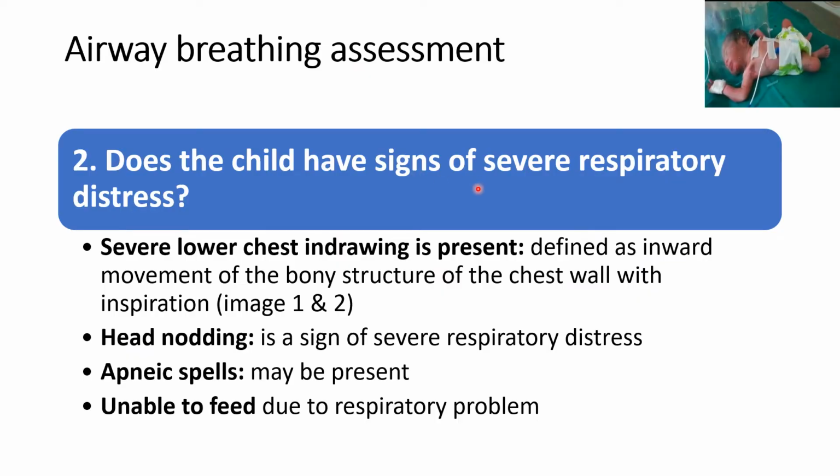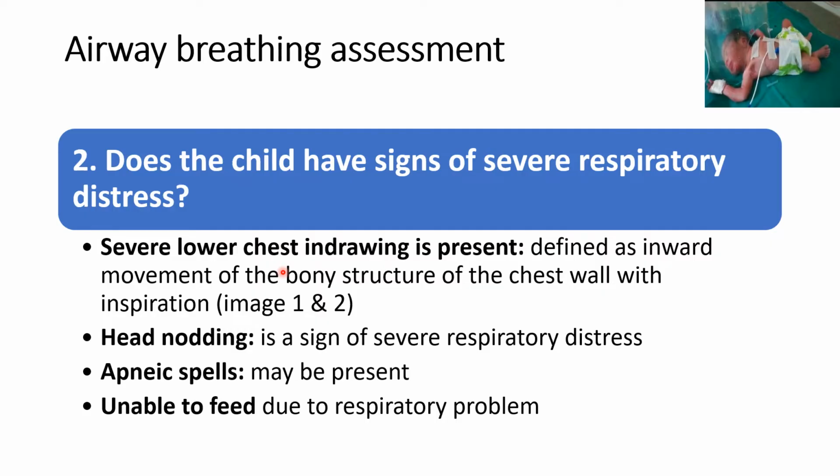Other signs of severe respiratory distress, other than tachypnea or bradypnea or apnea, include chest in drawing. So if the child is having severe respiratory distress, then chest in drawing will be present. So right from the alar nasal flaring, suprasternal retraction, intercostal retraction, subcostal retraction, you have to check.